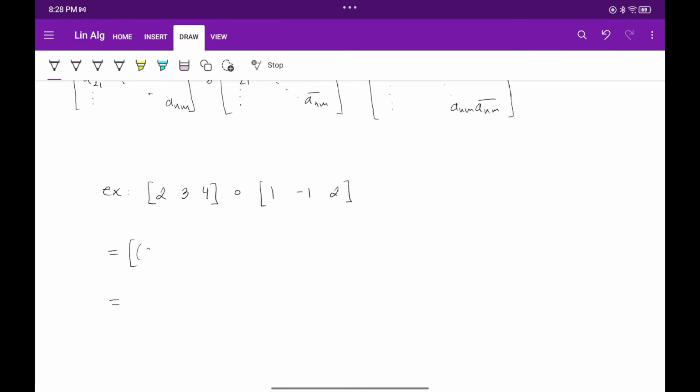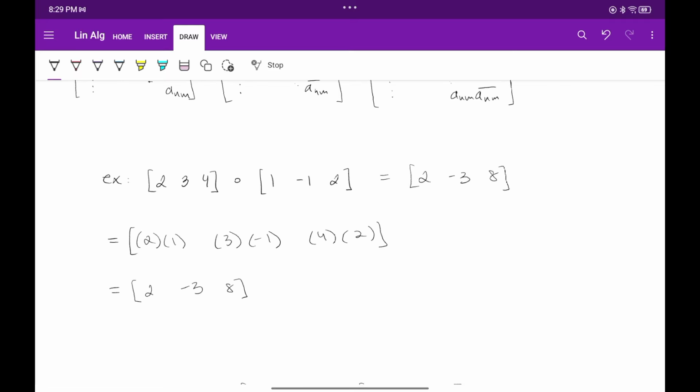So that will be 2 times 1, 3 times negative 1, and 4 times 2. Now we can do out the multiplications to yield 2, negative 3, and 8. So the element-wise product of 2, 3, 4 and 1, negative 1, 2 is equal to 2, negative 3, 8.